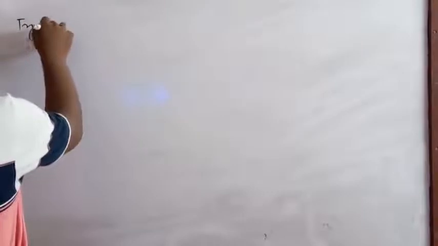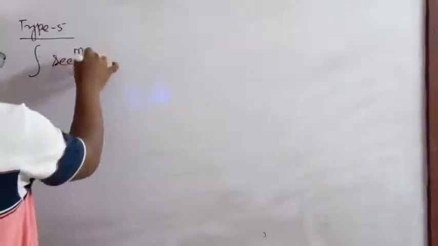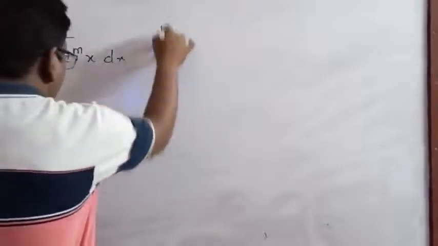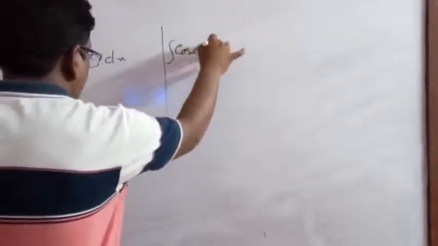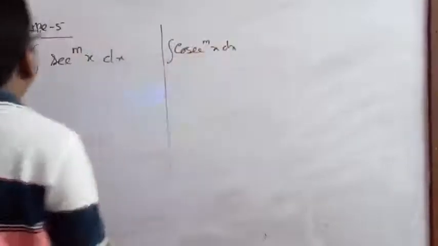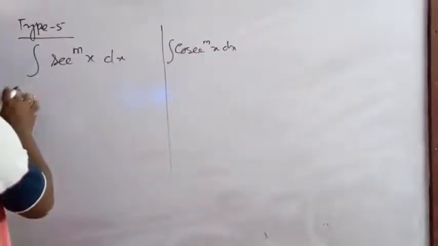Now this is integration of tan x and cot x to any power, calculated and integrated. Now type 5: integration of sec^m x dx and integration of cosec^m x dx.